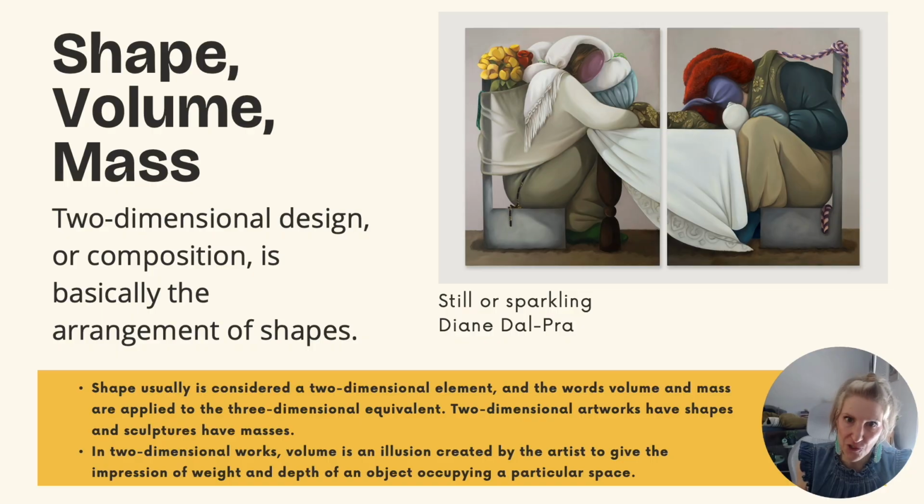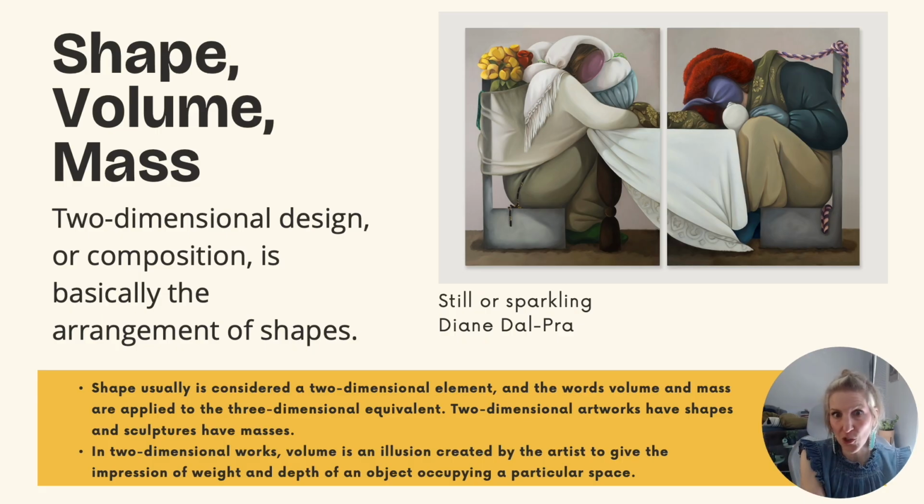In representational imagery, only the most diffused atmospheric images of light can be said to almost dispense with shape. Shape is usually considered a 2-dimensional element, and the words volume and mass are applied to 3-dimensional forms and equivalents. 2-dimensional artworks have shapes, and sculptures have masses.